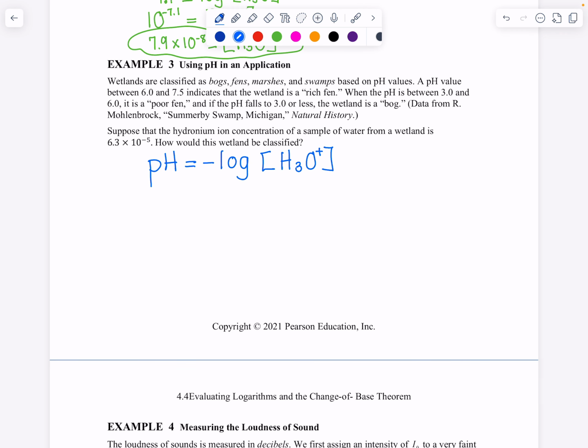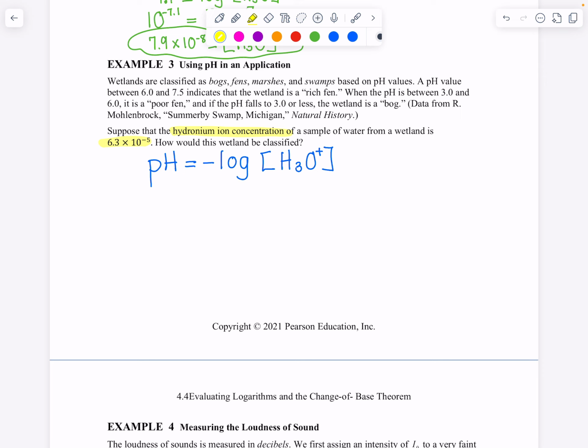What we know for this particular wetland sample of water is that the hydrogen ion concentration of this sample is 6.3 times 10 to the negative fifth. That's what we do have.